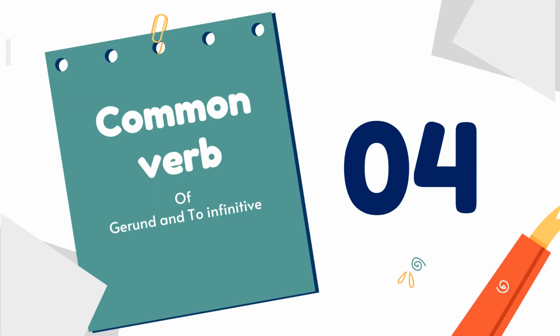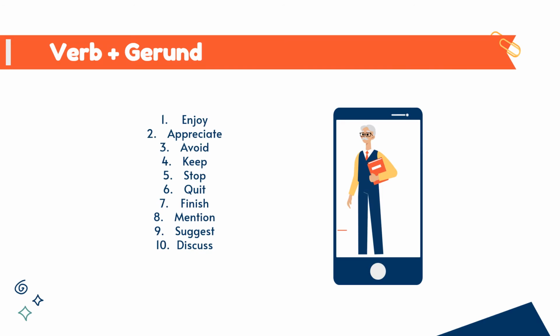The fourth is about the common verbs for gerund and for to infinitive, and also the common verbs that can be used for both gerund and to infinitive. Here are some words that can be used before gerund. For example, enjoy, appreciate, avoid, keep, stop, quit, finish, mention, suggest, and discuss.